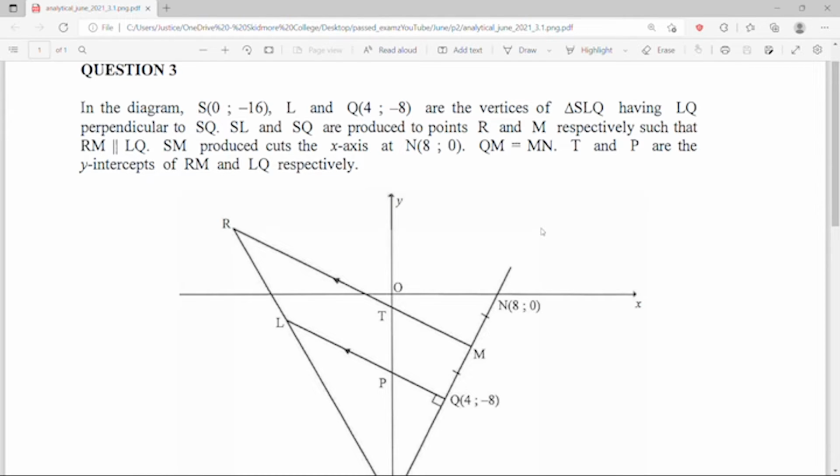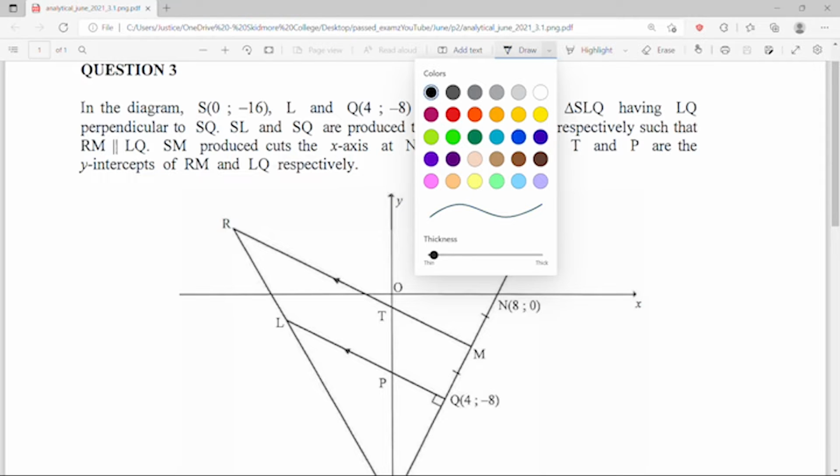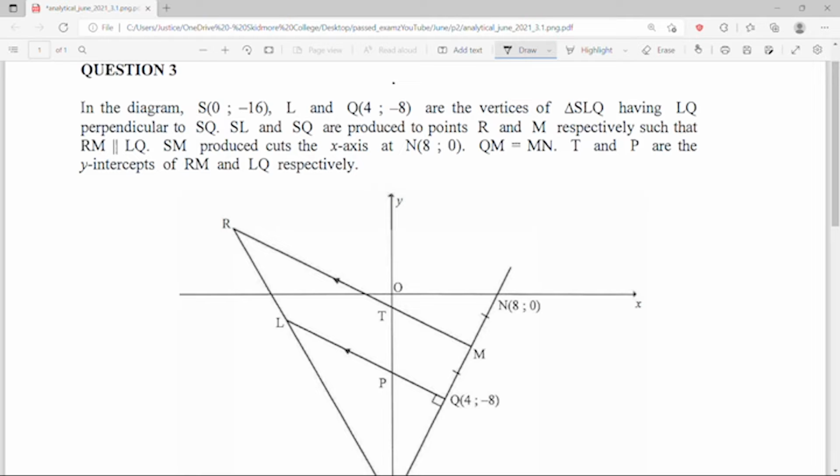So we're going to read the statement here. They are saying in the diagram, S(0, -16), L and Q(4, -8) are the vertices of triangle SLQ. That is the first statement, having LQ perpendicular to SQ.